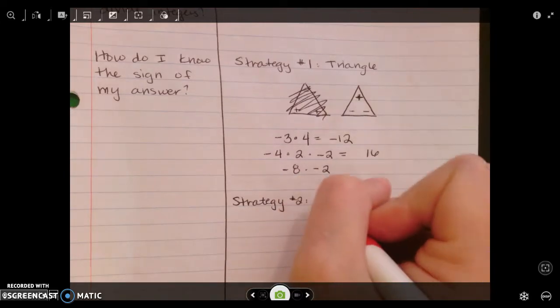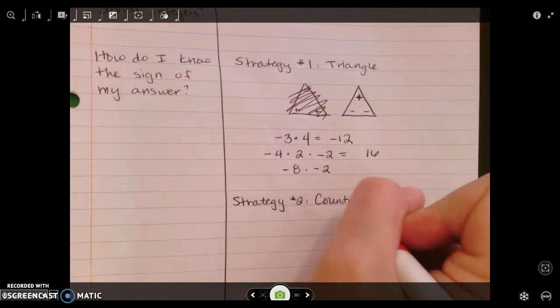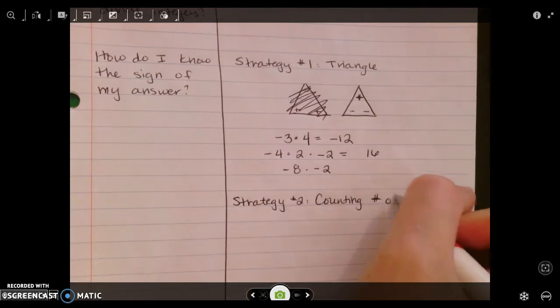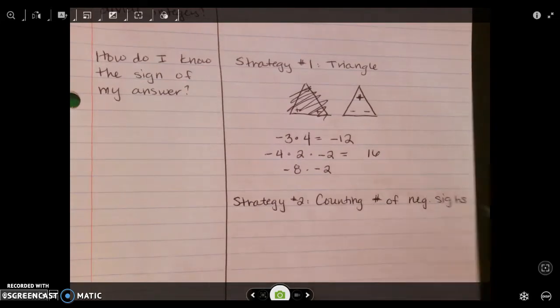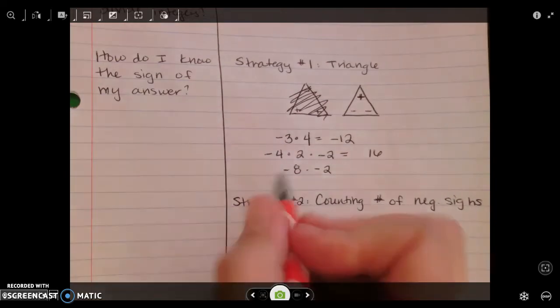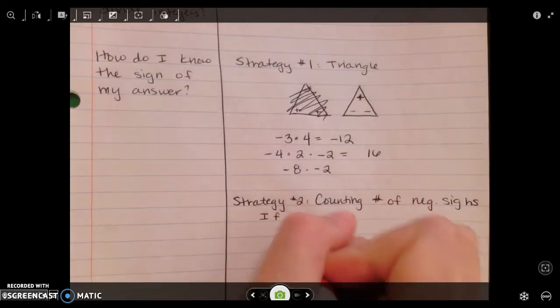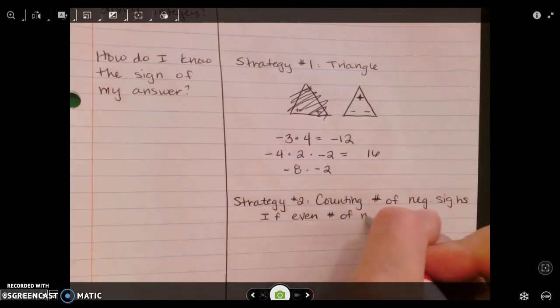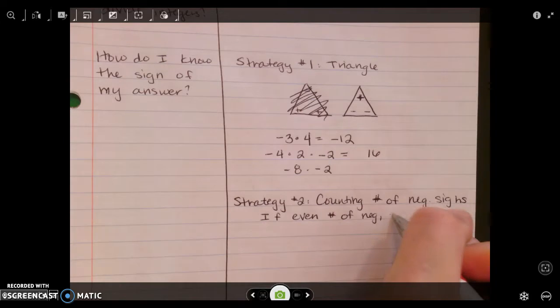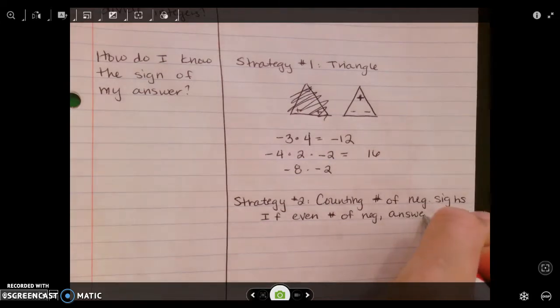is counting the number of negative signs. Okay, so if there's an even number of negative signs, the answer is positive.